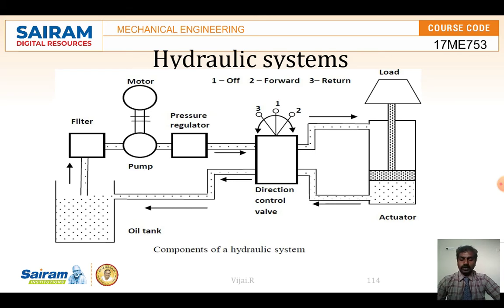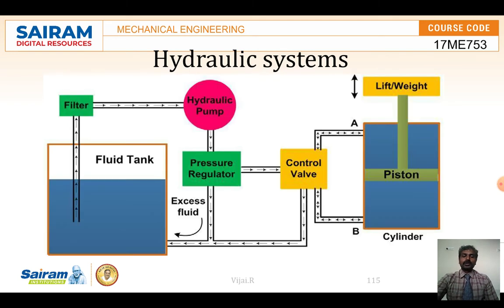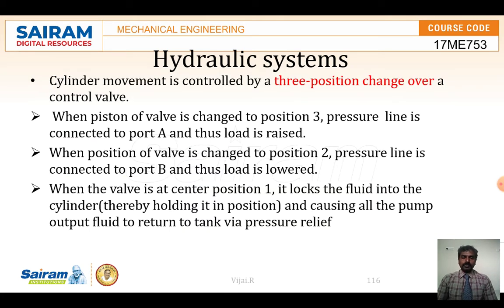In earlier videos we saw how the spool or solenoid operated valve moves to make the way for the liquid in one direction. The control valve allows the liquid to lift the piston, and the liquid already in the cylinder flows back to the tank.